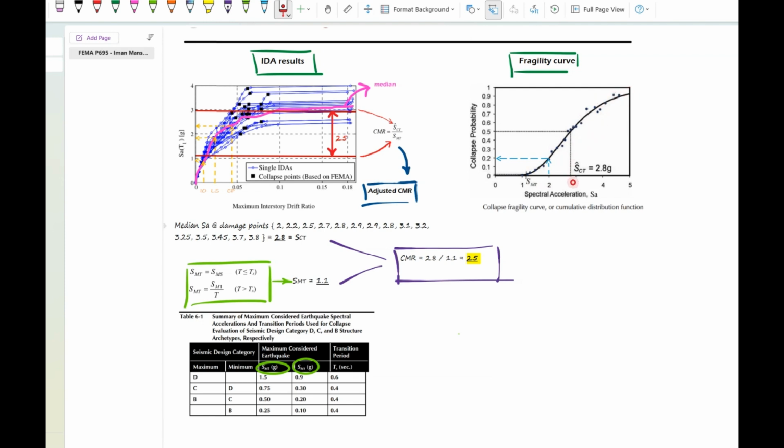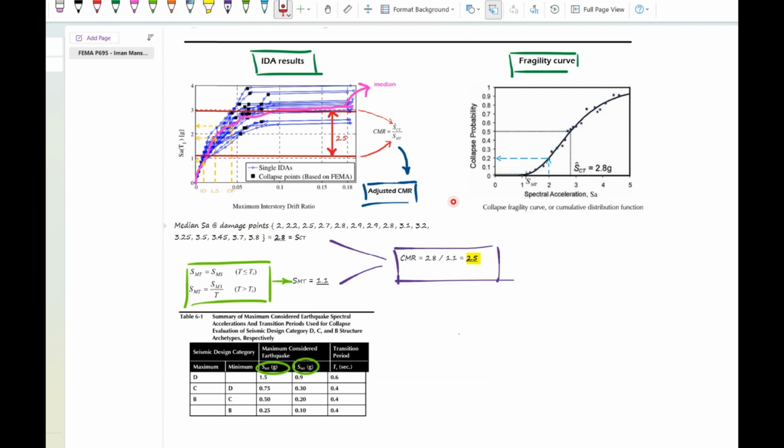The median collapse capacity, which is SCT equals 2.8 in this example, corresponds to a 50% probability of collapse. Or if an earthquake has a spectral acceleration of 2g, the chance of collapse is around 20%.